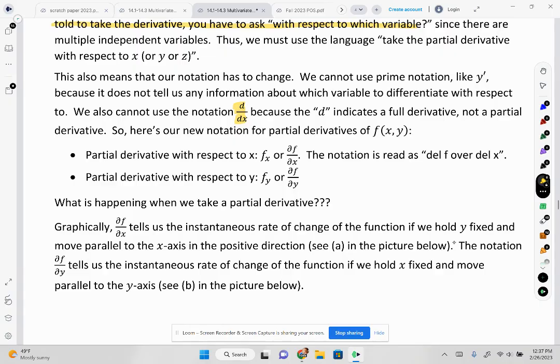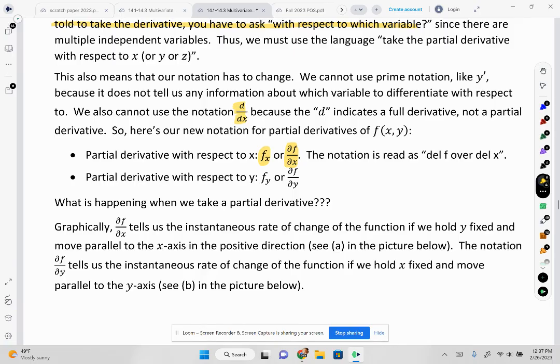Now, what we have to use is either this f sub x notation or this, and the way we say this one right here is del f del x. And what it actually means, that little funny looking, almost like a backward 6, is partial. So we're saying partial of f with respect to x. And we use the partial notation on the top and the bottom.